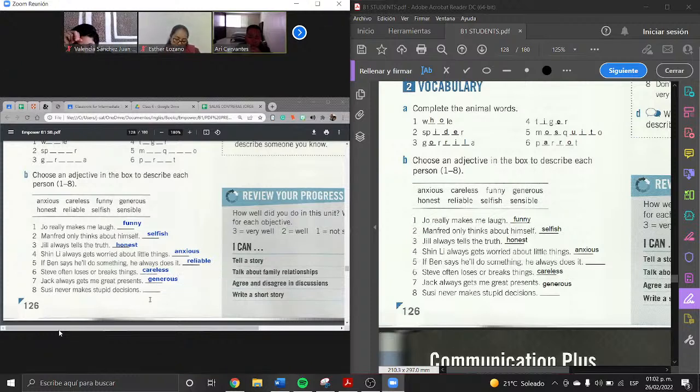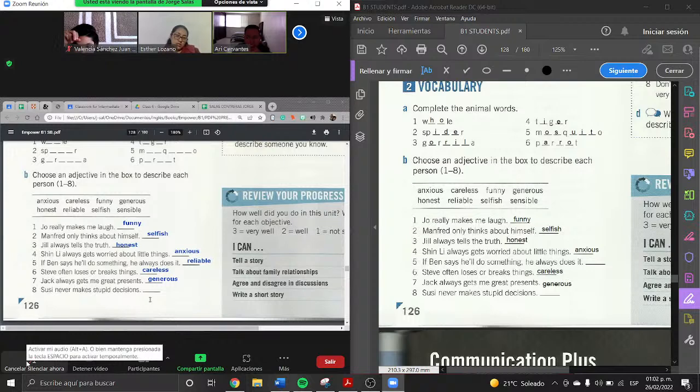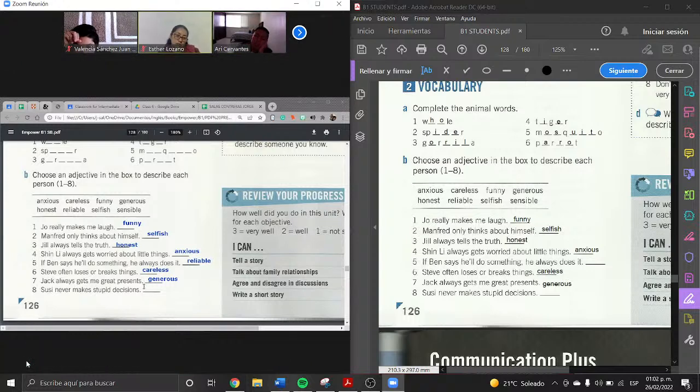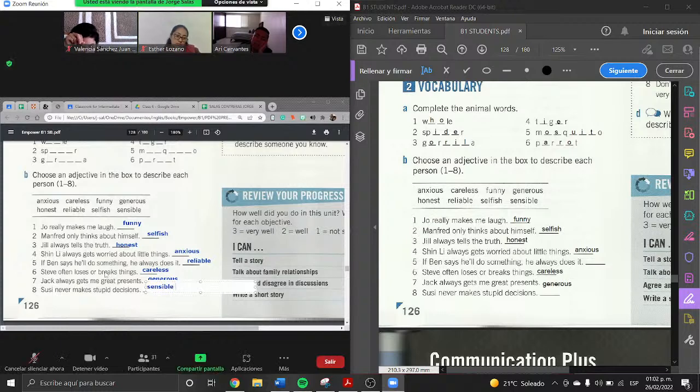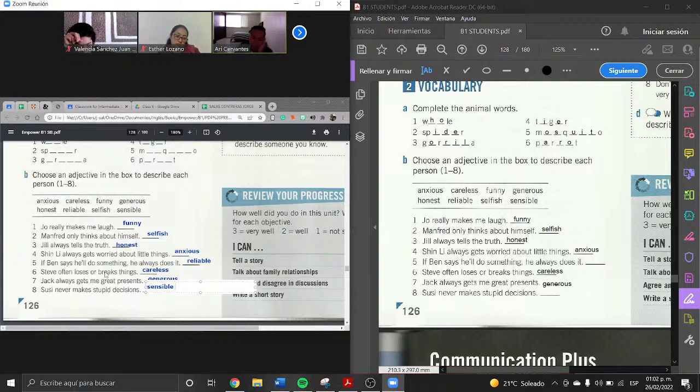Anxious. No, we already have anxious. Sensible. Now, careful. It is not the same thing as in Spanish. Sorry? Sensible no is better in the fourth. No, because you're thinking probably about the word in Spanish, and there is another word that is sensitive.